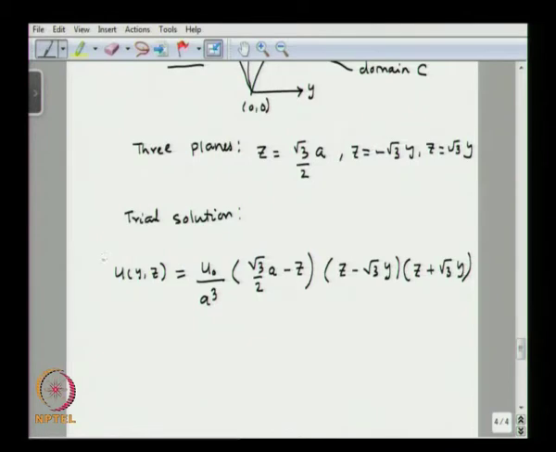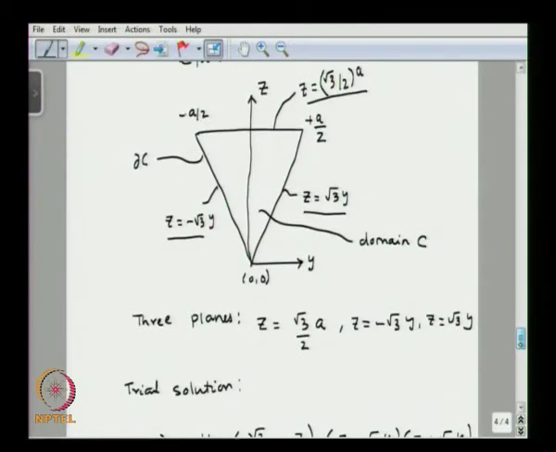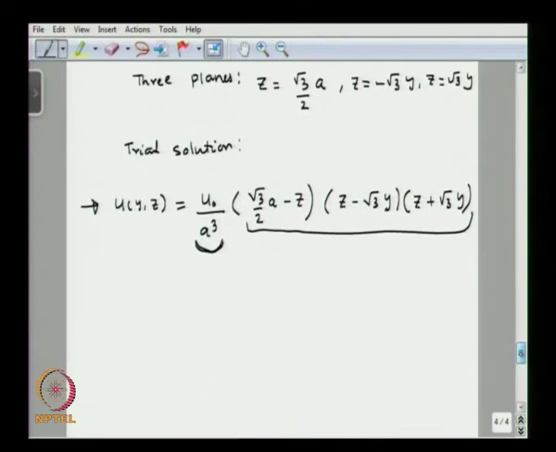So, this is our trial solution. Since we are multiplying 3 different planes here, we are dividing by a cube, where a is the length of each side of the triangle.